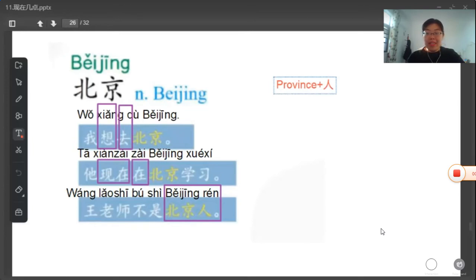The house price is very high, right? It's very expensive. In Zhengzhou, the hotel for one night may be just 100 or 150 yuan. But in Beijing, the hotel for one night is around 300 yuan. So it's very expensive. Zhengzhou is so cheap compared to Beijing.